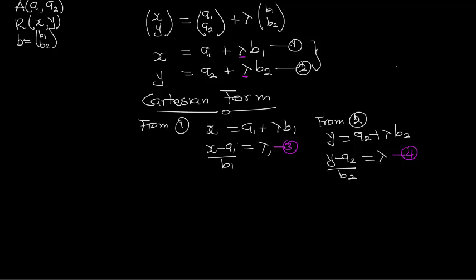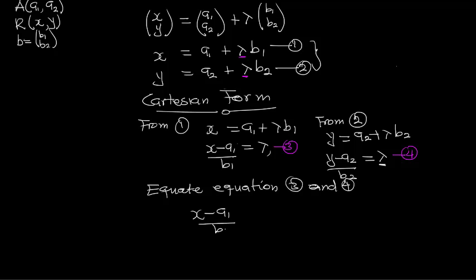Because equations 3 and 4 are both equal to lambda, we can equate them. If we do that, we have x minus a1 over b1 is equal to y minus a2 over b2. And this equation 5 is called the Cartesian form of the vector equation of a line.